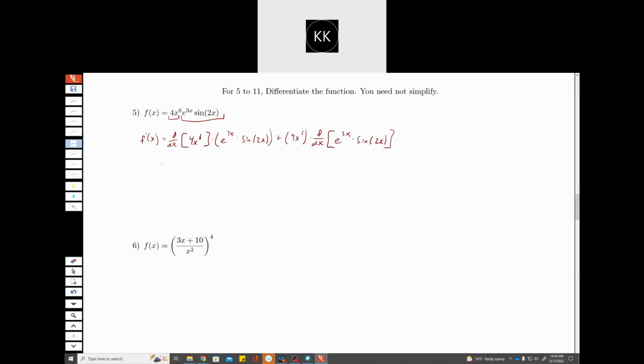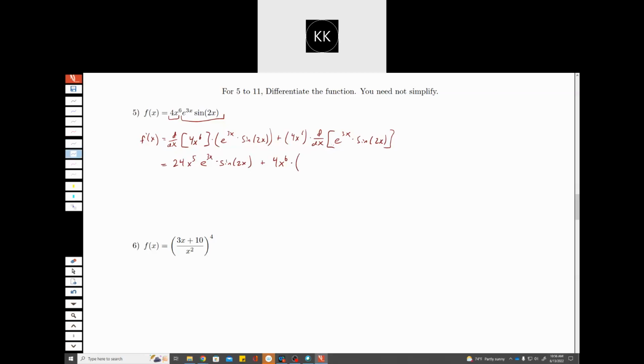And then the derivative of 4x to the 6th, I use the power rule, so the 6 comes down. So we get 24x to the 5th times this stuff. You can write the parentheses, but they're not really necessary because it's all just multiplication here. And then plus 4x to the 6th times this derivative.